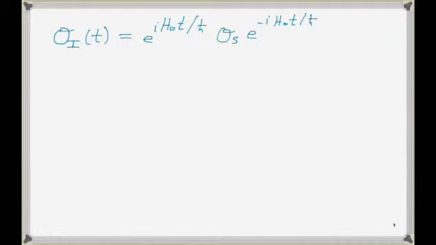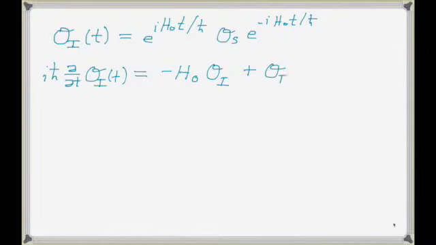And so the matrix, i H bar d/dt of O_I(t), well, I'll pull down a negative H0 acting on O_I plus O_I H0. That's what I get. And so that's just O_I, H0, the commutator with H0.